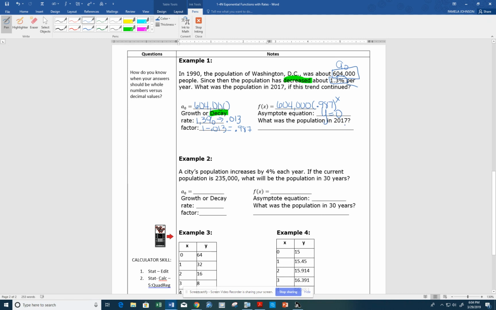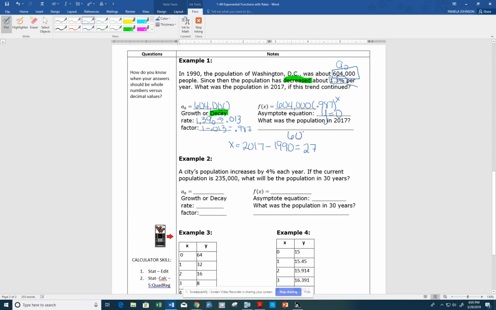Okay, so we need to figure out how many years from 1990 have passed to get to 2017. So that's going to be our x value. So x is going to be 2017 minus 1990. Okay? So 2017 minus 1990 would be 27 years. That's going to be our exponent.